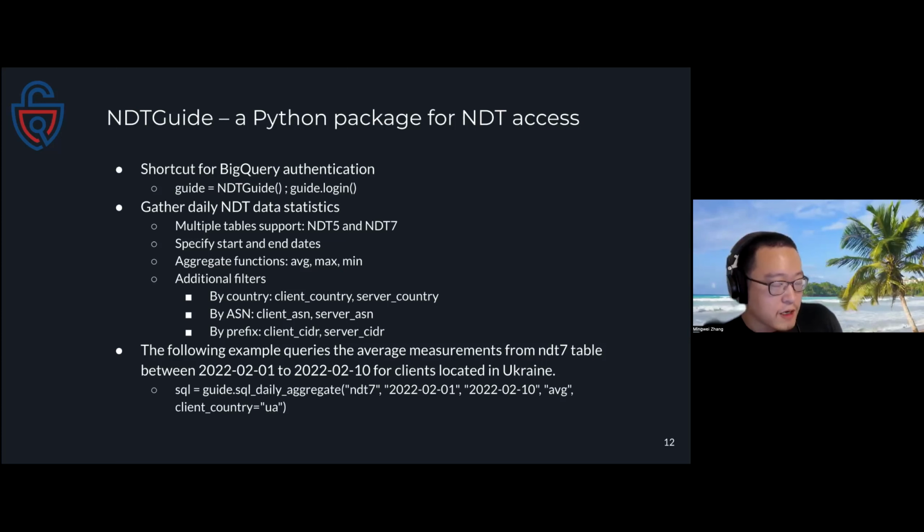I think nowadays all the new data is coming from the NDT7 table, but I might be wrong. Then you specify date ranges and an aggregation function, and later on, it's optional, but you can also specify either the client country or server country to find out all the results coming from a certain client or server.